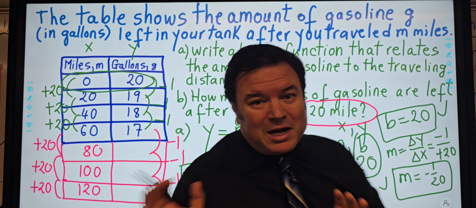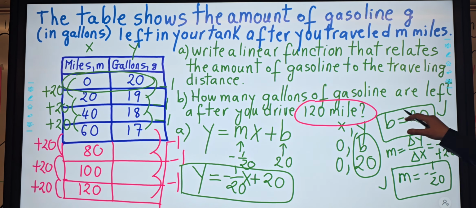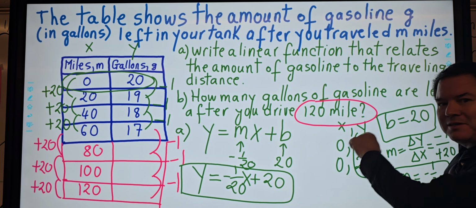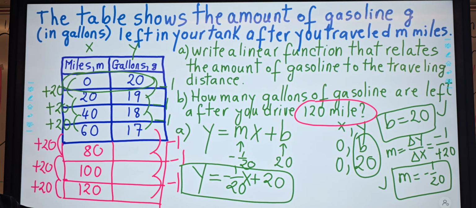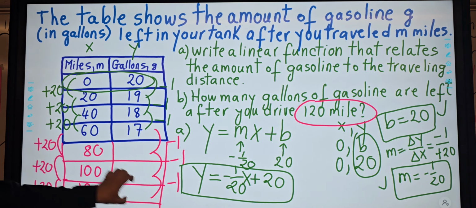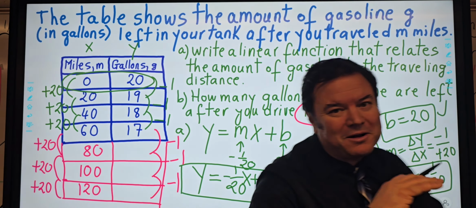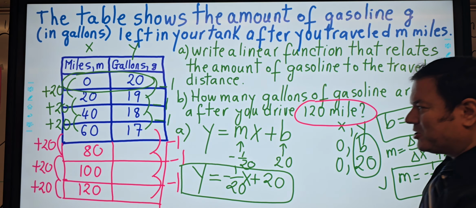I'm going to give you a couple of minutes and see if you can find how many gallons of gasoline are left after you drive 120 miles. Take a moment, think about that, look at the pattern here and see how many gallons you are left with in your tank.